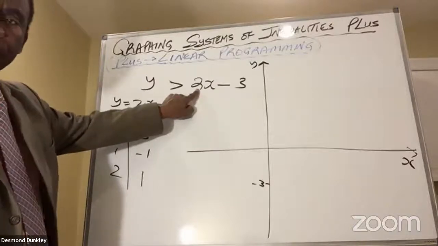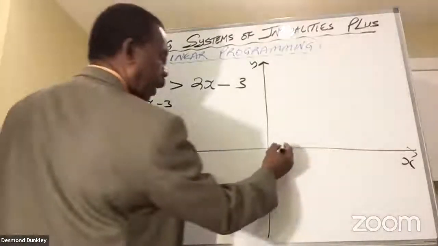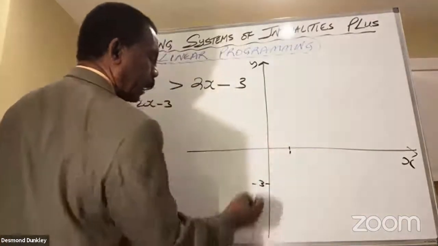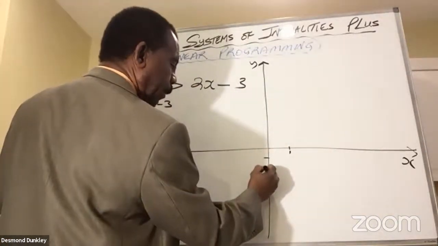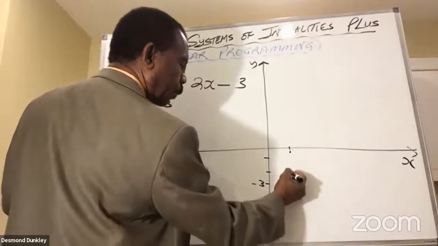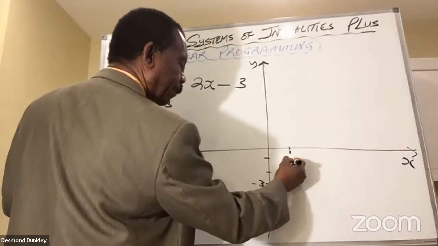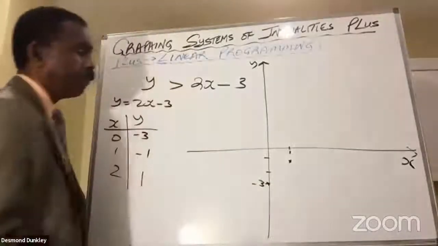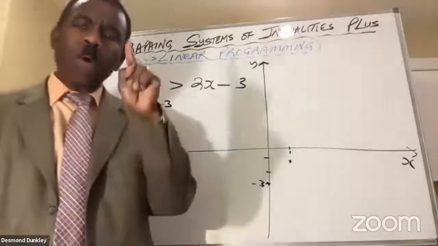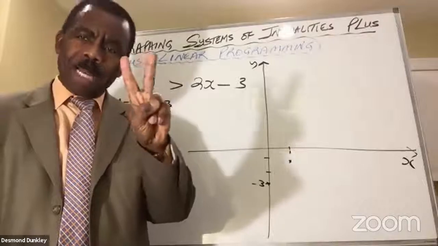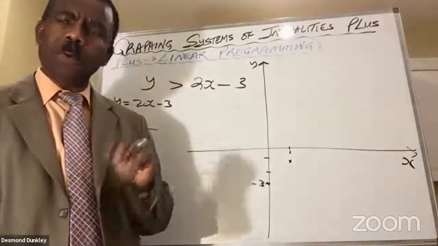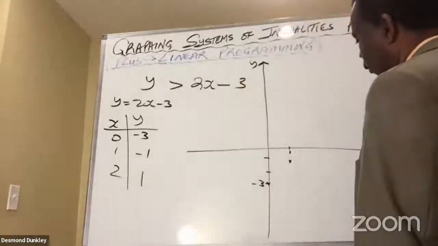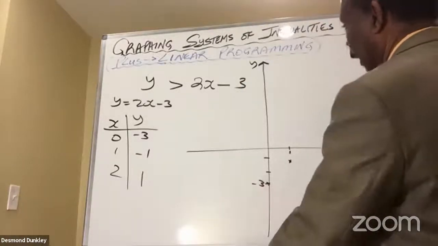Then the slope is 2, which means if I go across 1 unit, then according to this, the graph is going to go up 2 units. That's why the slope is positive 2. So now I know that the graph passes through these 2 points, and there will be only one line that passes through 2 points. Only one line, okay? So I can now connect these 2 points and extend both sides.